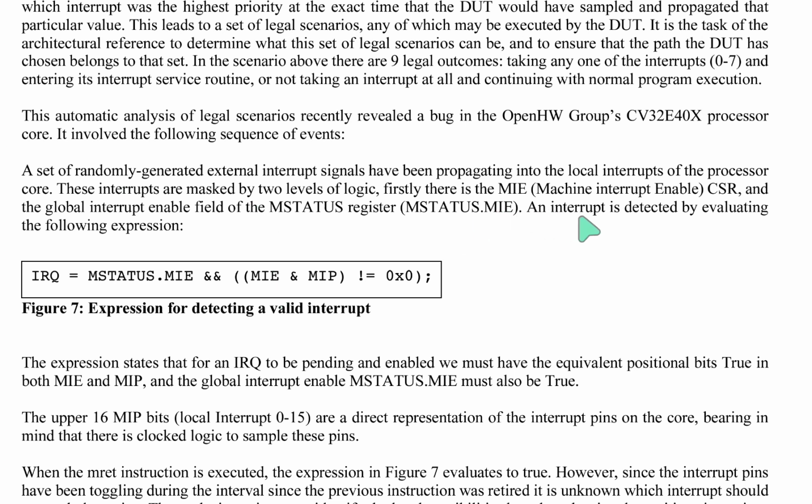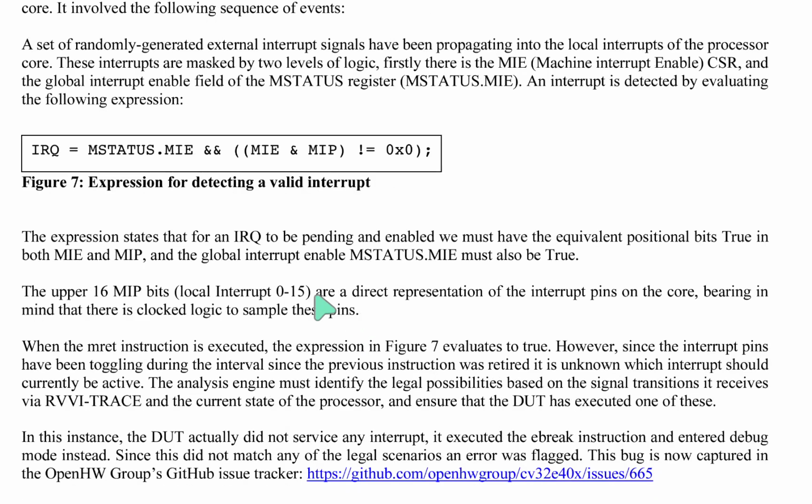mstatus.MIE. An interrupt is detected by evaluating the following expression, IRQ, the figure 7 expression for detecting a valid interrupt. The expression states that for an IRQ to be pending and enabled, we must have the equivalent bit position true in both MIE and MIP, and the global interrupt enable mstatus.MIE must also be true.